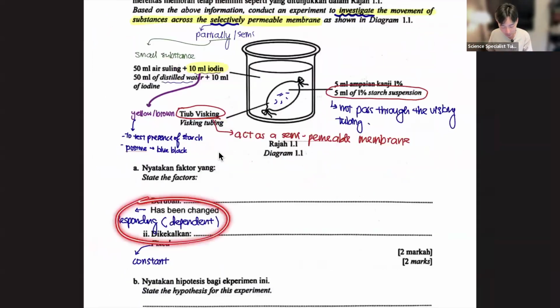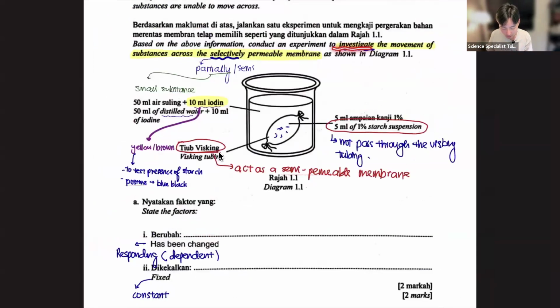Don't read here and go and find out from here. From here first. Investigate the movement of the substances across. So if there is a movement, how do you observe? If there is a movement, you must observe.